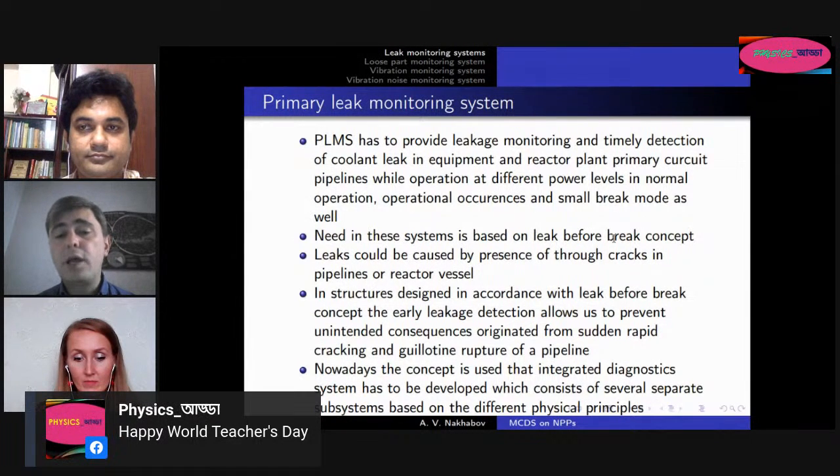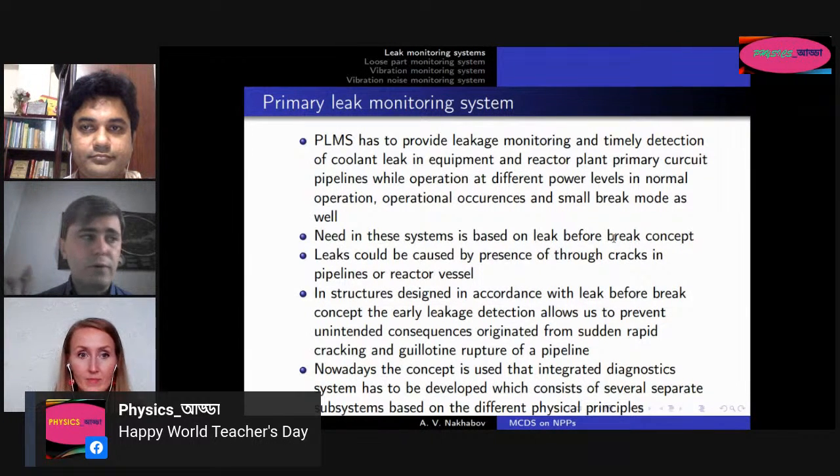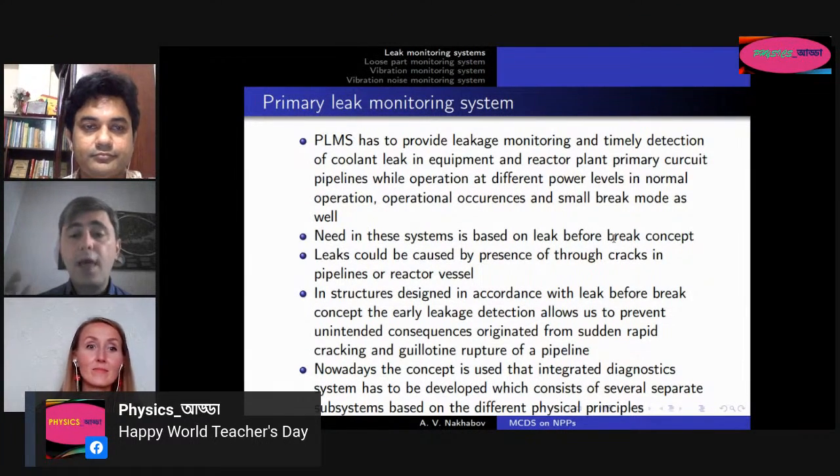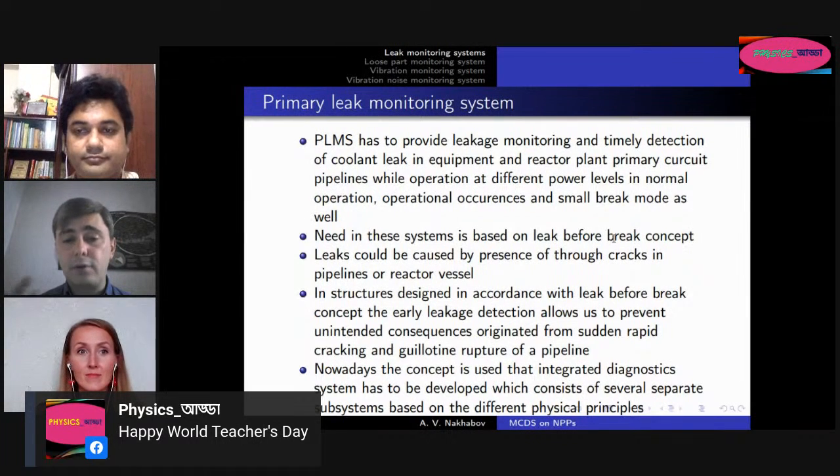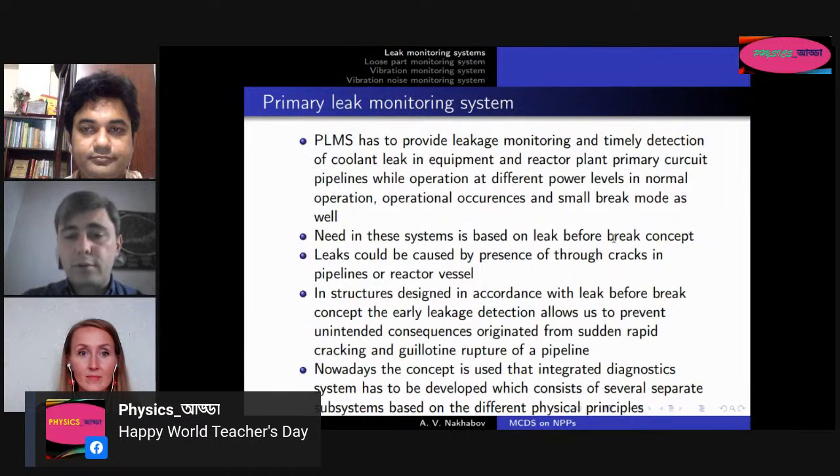So it means anyway we will have some time to find, first of all, a small violation of sealing of pipelines, and then we can detect this leakage, and we can organize some protection by different actions just to prevent a real accident, for example.